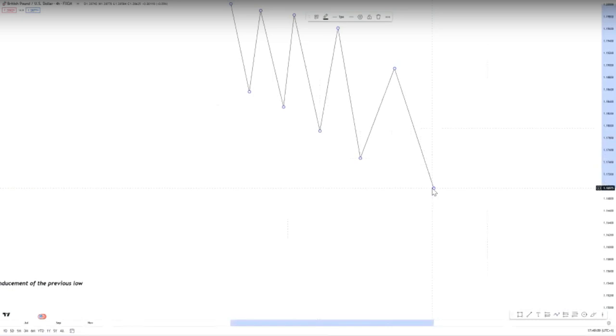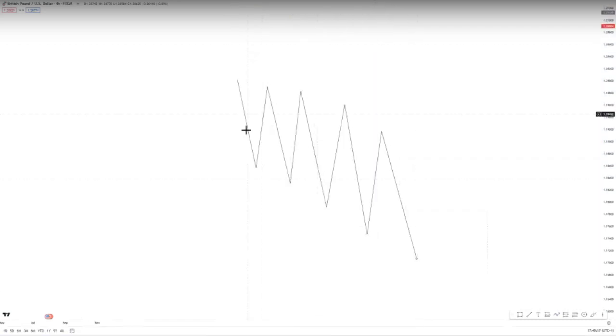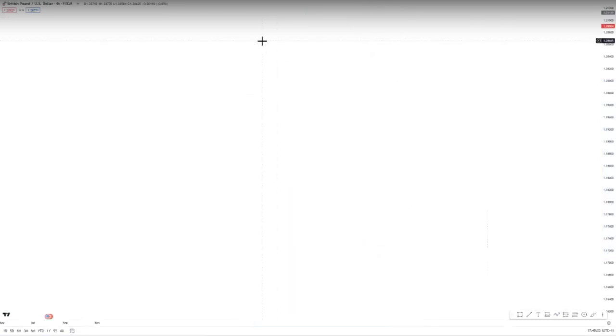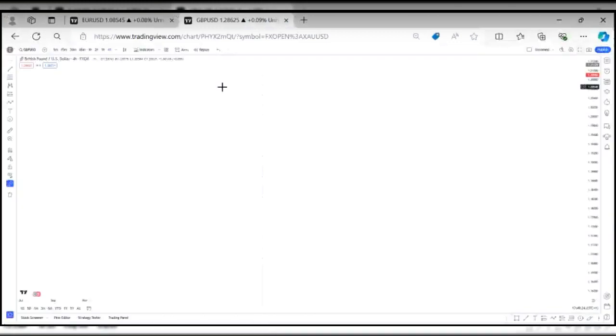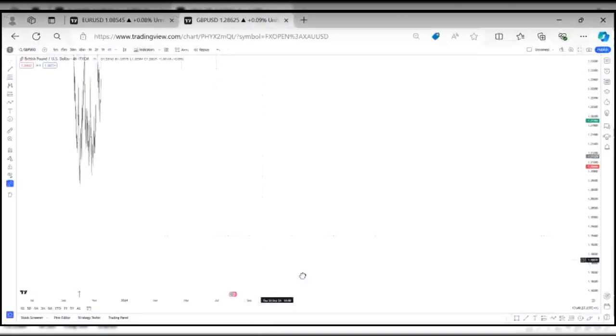The previous lower high should be protected, and the previous lower low should be taken. So this is what it means for a market to be bearish. You understand? It's just a simple algorithm. Now let's get to the charts.